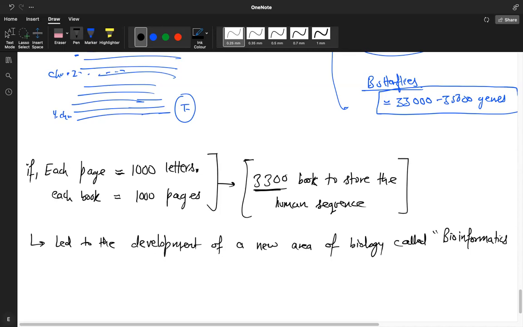So this is biology done in silico. I told you about these three words: in vivo, in vitro, and in silico, right? You know what is in silico, remember? Computers.